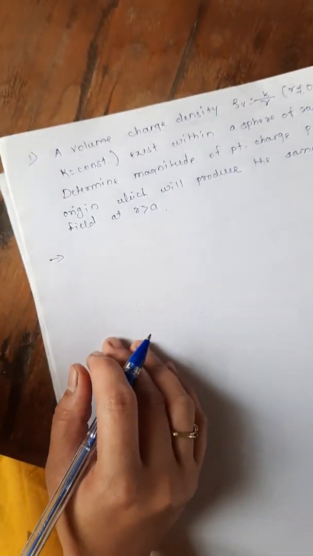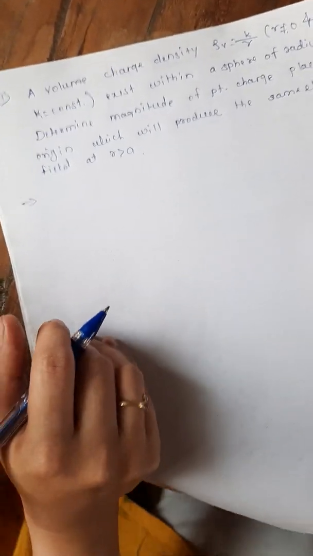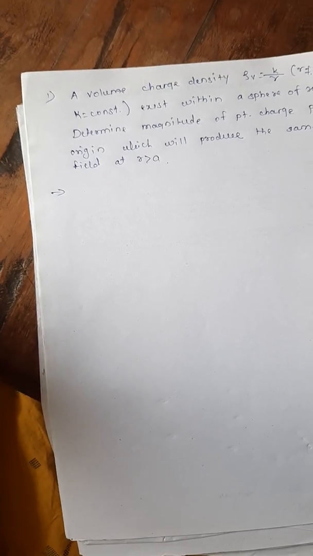So, the sphere of radius a is placed at the origin, then the electric field produced by the sphere for r greater than a is the same as that of the point charge. That means Q is placed at the origin. So how to select the coordinate system?